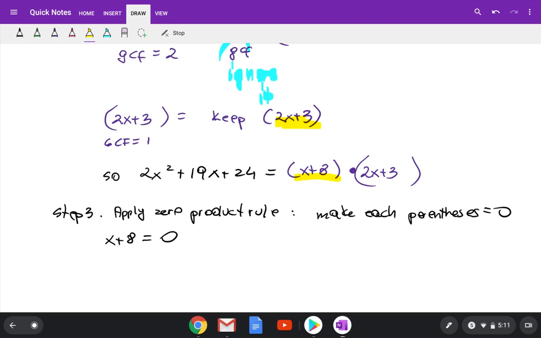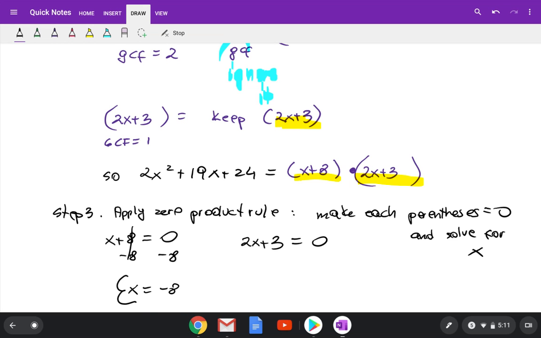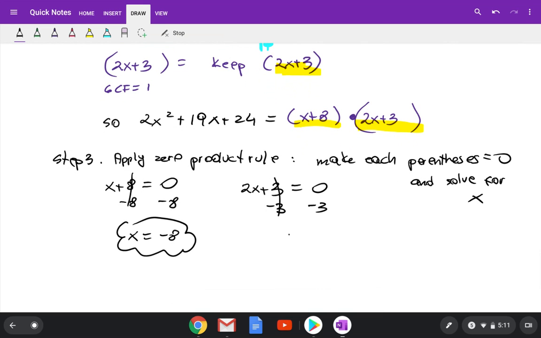And our second parenthesis, 2x plus 3, make it 0 and solve for x. Okay, so we're subtracting 8 from both sides. You're getting x equal negative 8. And the second equation, subtract 3. First, isolate that x. So we're getting 2x equal negative 3, and divide each by 2. And we're getting x equal negative 3 over 2.